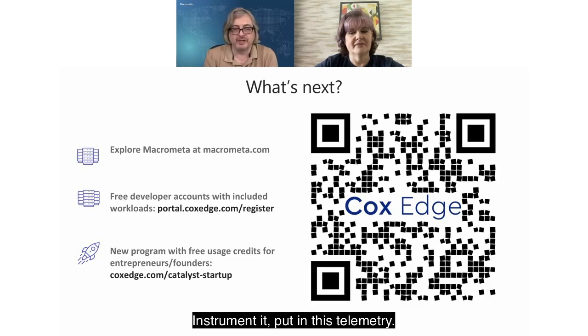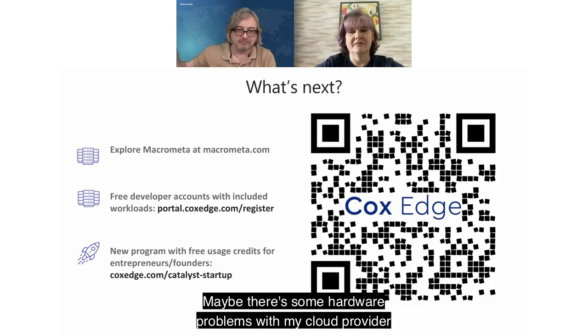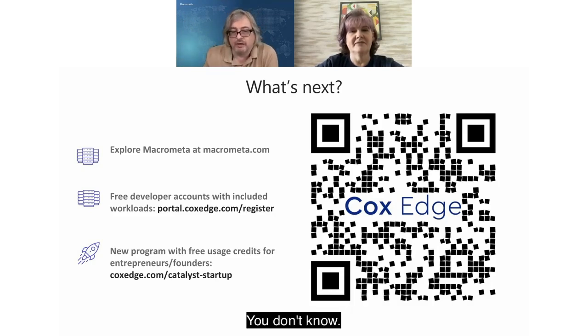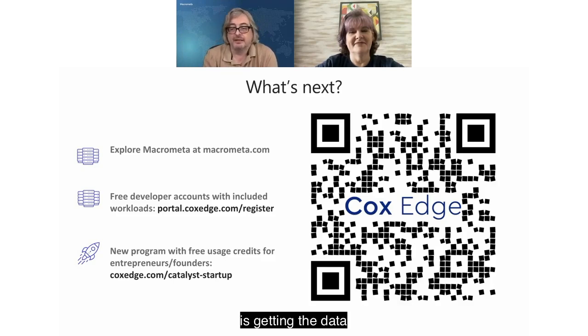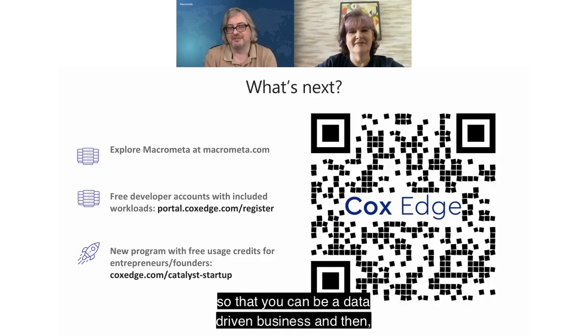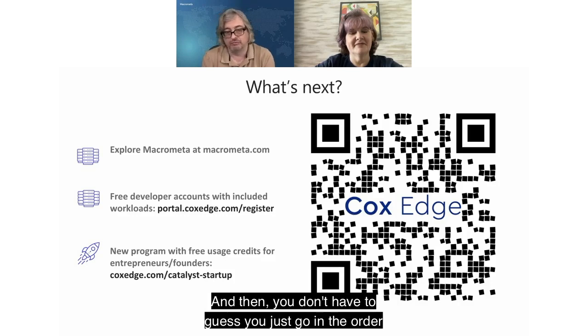Instrument it, put in the telemetry, and then you'll find, oh, maybe a certain set of our users in a certain geo, maybe there's some hardware problems with my cloud provider, or who knows, right? You don't know. So I would say the first thing to look at is getting the data, so that you can be a data-driven business, and then that'll help you identify, okay, great, where is the 80-20 split, and then you don't have to guess, you just go tackle it in the order that it makes sense.